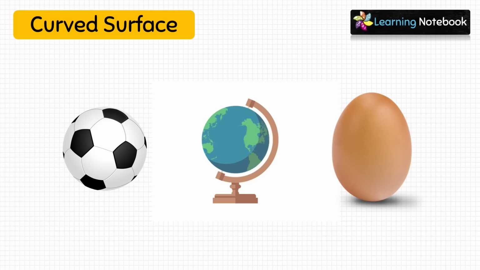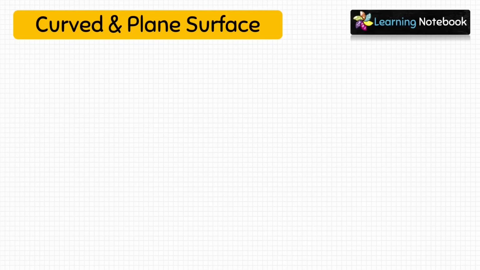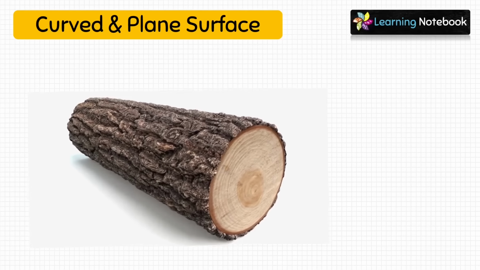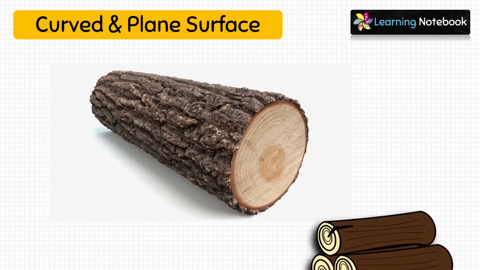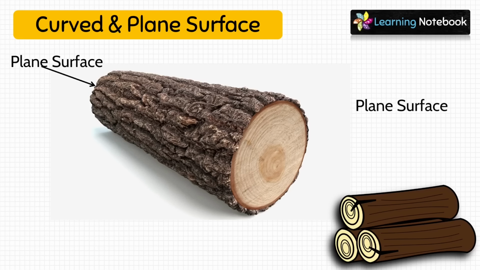All these have curved surfaces. But some shapes have both curved surface as well as a plane surface. For example, if we look at this log of wood, it has two plane surfaces and one curved surface.